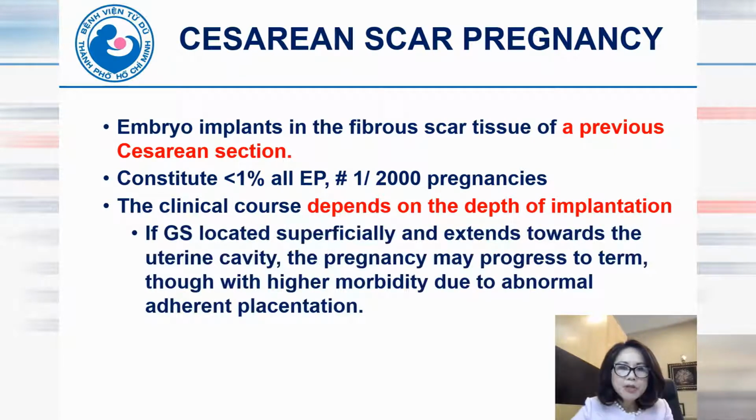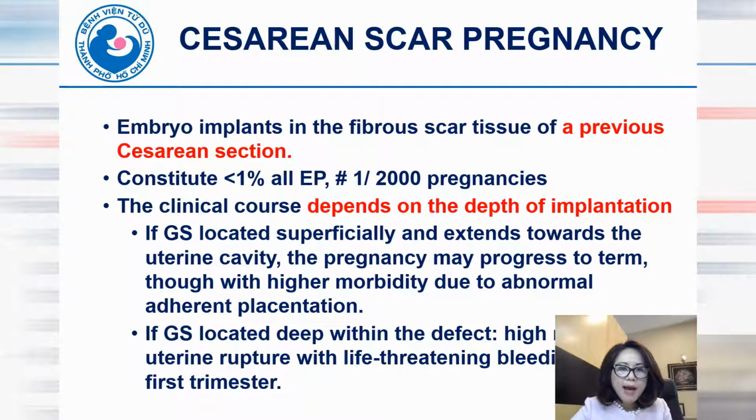If the GS is located superficially and extends toward the uterine cavity, the pregnancy can proceed to term, though with higher morbidity due to abnormal adherent placentation. And if the GS is located deep within the defect, there is a high risk of uterine rupture with life-threatening bleeding in the first trimester.